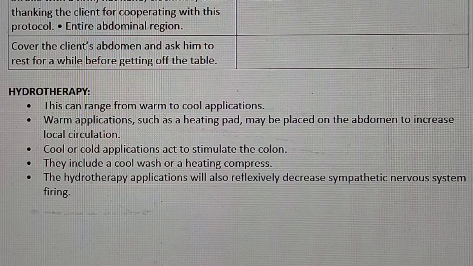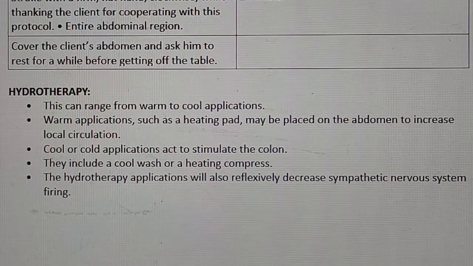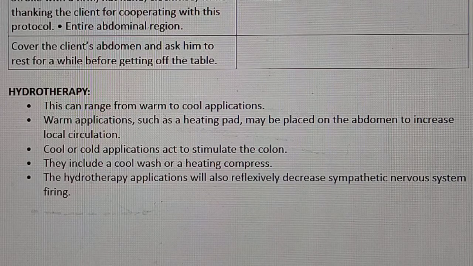Cool or cold applications act to stimulate the colon. Okay, so you can apply a cool or cold pack, ice pack, or cold compress on the abdominal area to stimulate the muscles in the colon so that it can loosen up the hard bowel, the hard pieces that cause constipation.